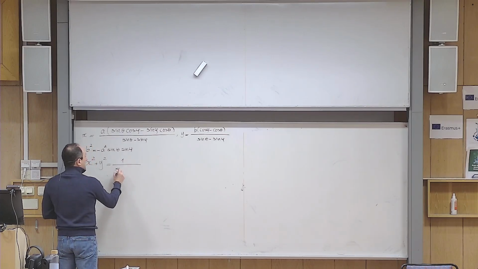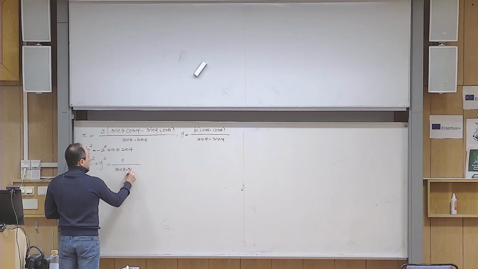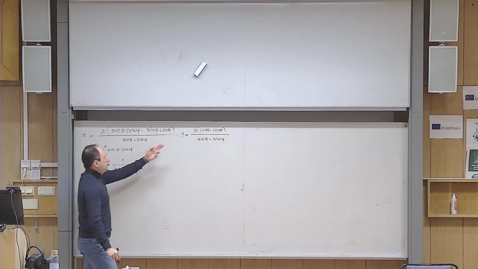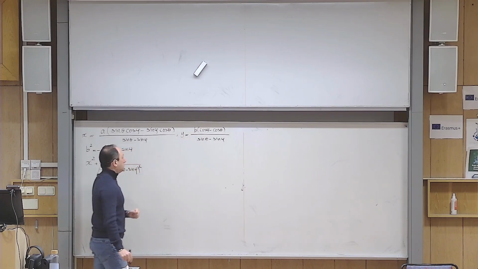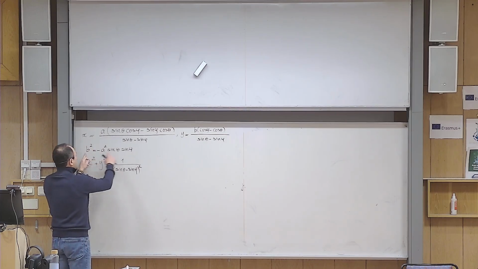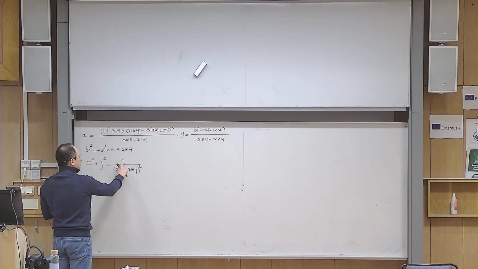So this becomes sine theta minus sine phi squared. When I square this one, I will have a squared. But when I square this one, I will have b squared. And b squared is this expression. So then you will see that I will have a squared in common. So I can pull a squared out as well.